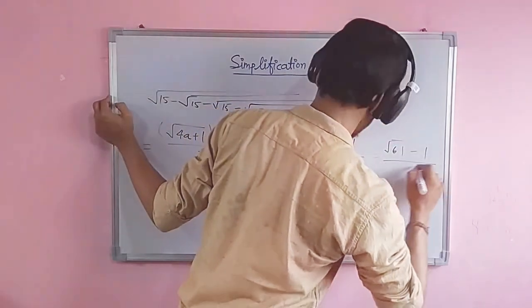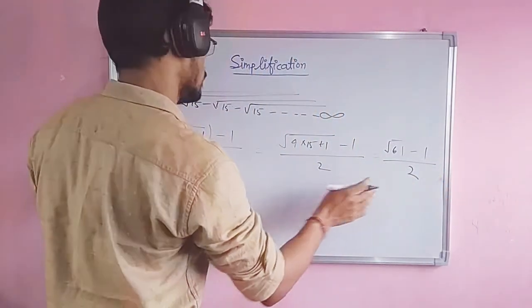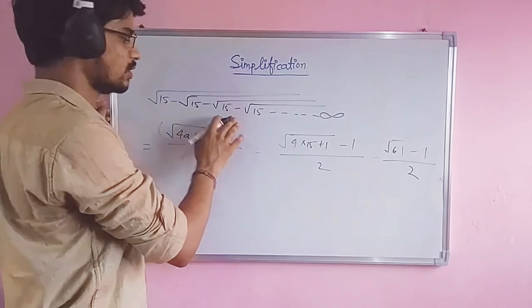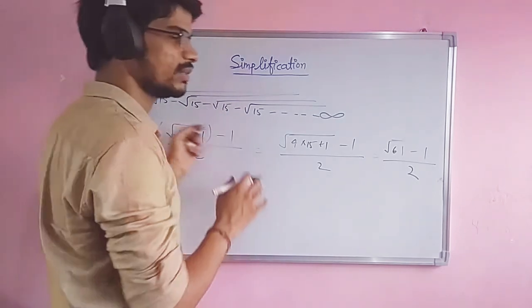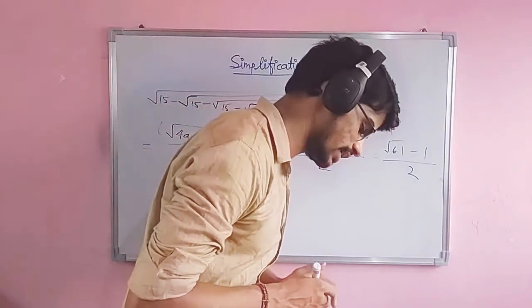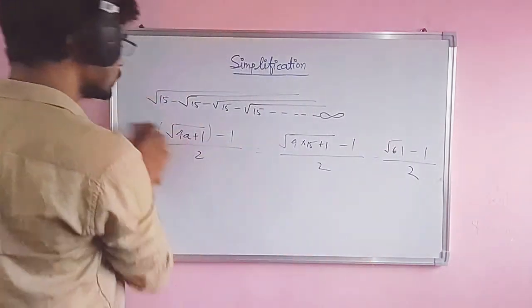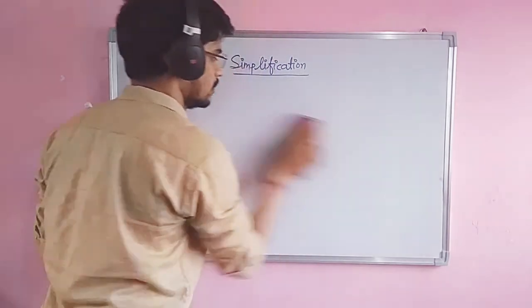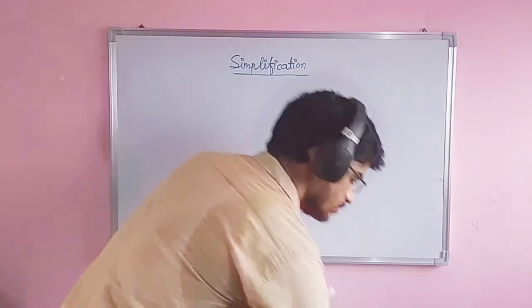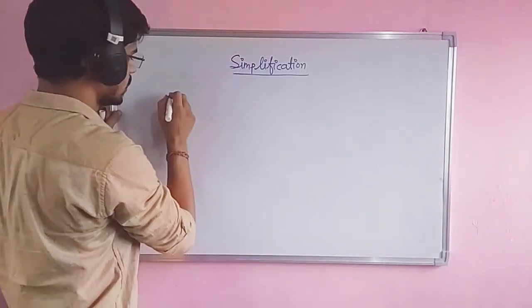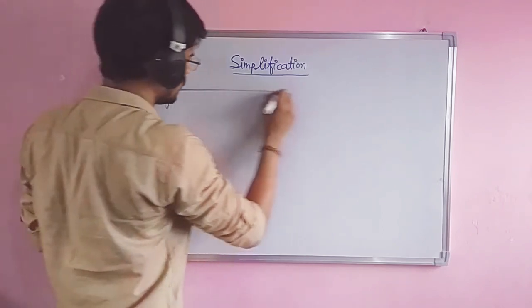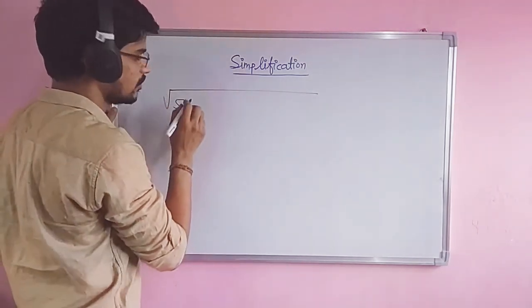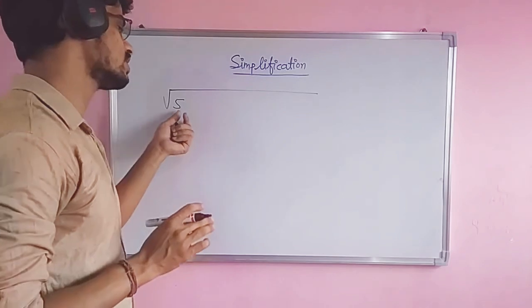Under root 61 minus 1 upon 2 is the solution of root 15 minus root 15 minus root 15 minus root 15. Next, note down these for your future reference.